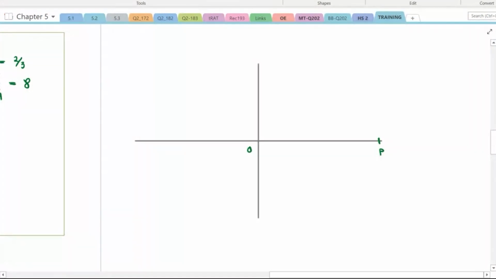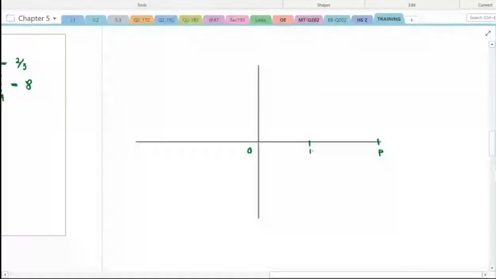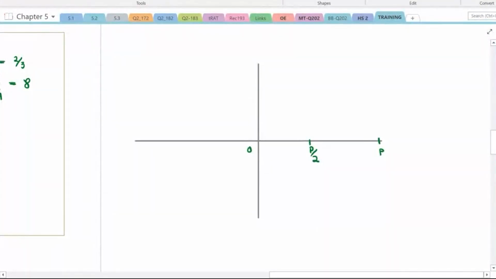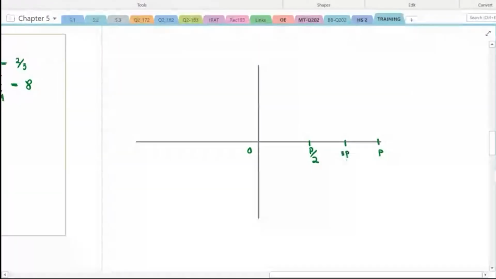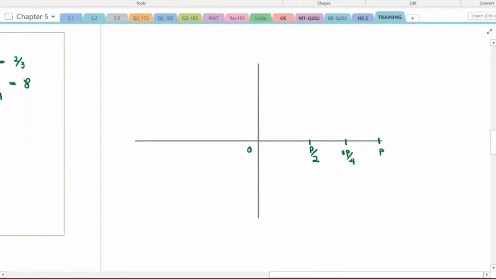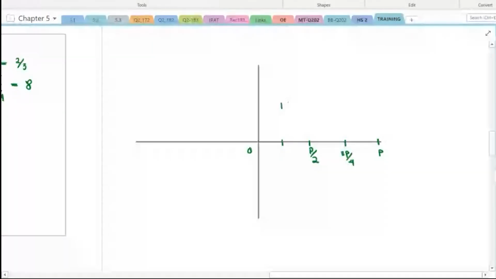The first one here is going to be 0. Then here we have P over 2, the period divided by 2. And here is actually 3P over 4, and this is P.